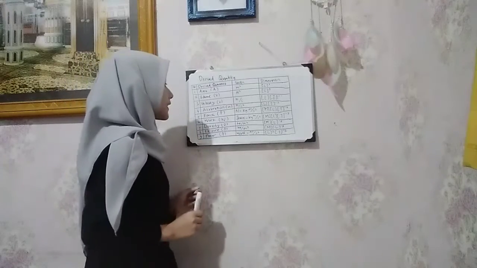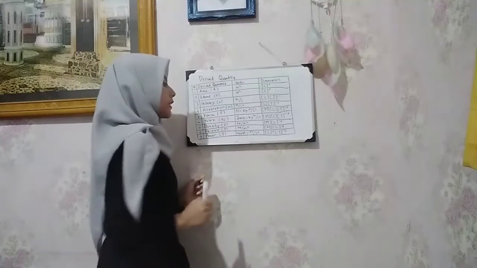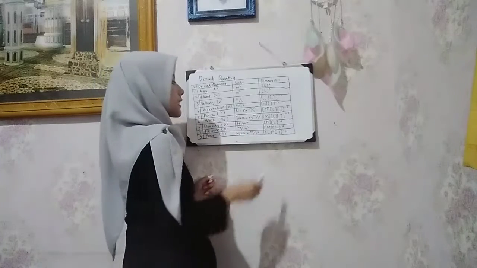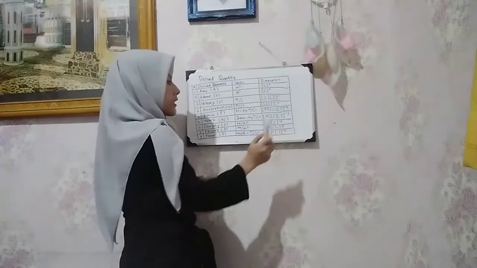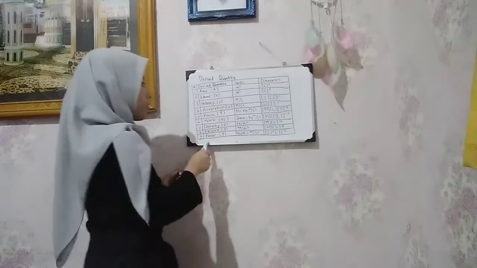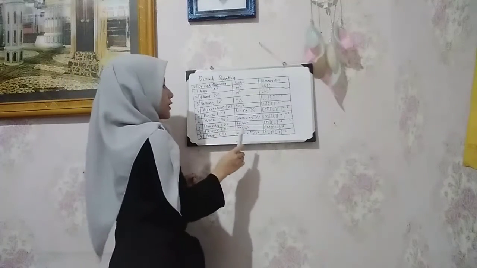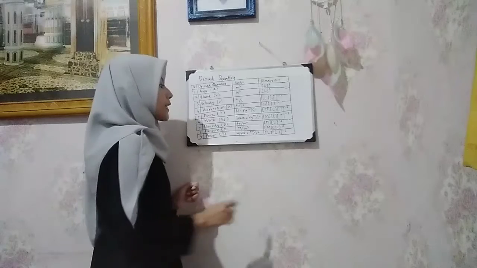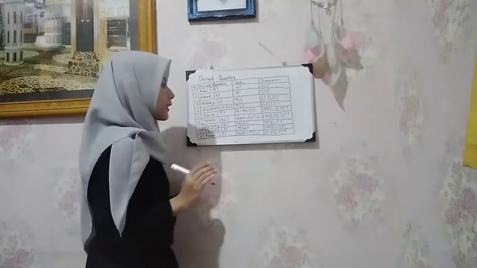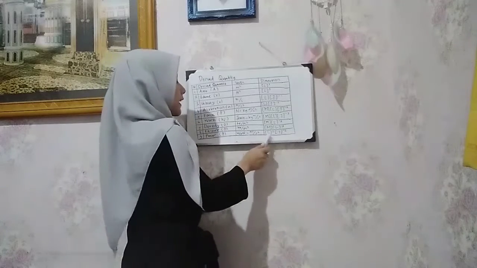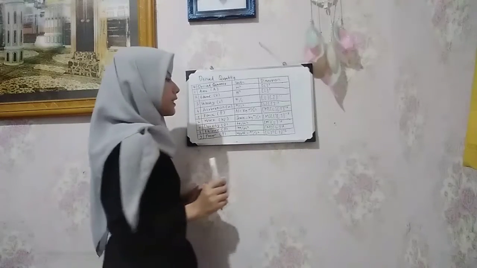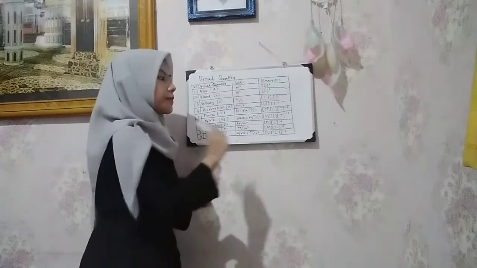Pressure. Unit is kilogram per meter cubic. Dimension is M L to the power of -3. Power. Unit is watt or meter square per second square. Dimension is L square t to the power of -2.